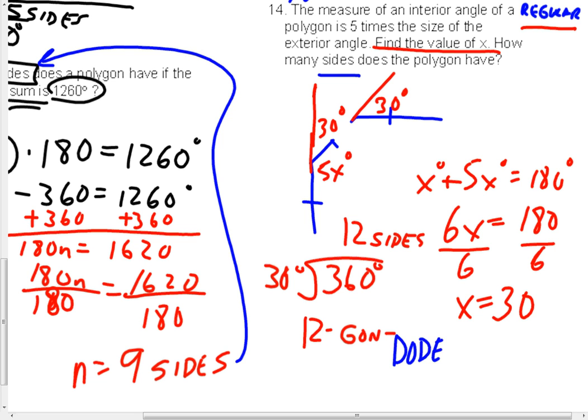This is one that you might not have come across, but you are expected to know dodecagon. What's 11? I don't know. It's an amount that's not used too often, so I don't know. Let's see if I can.